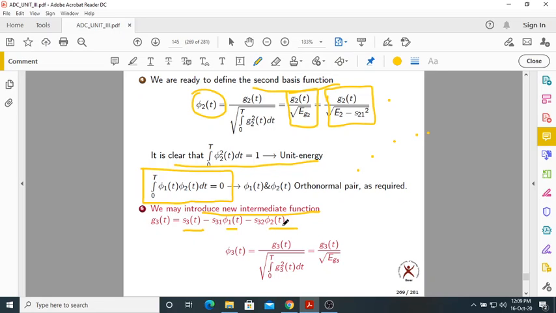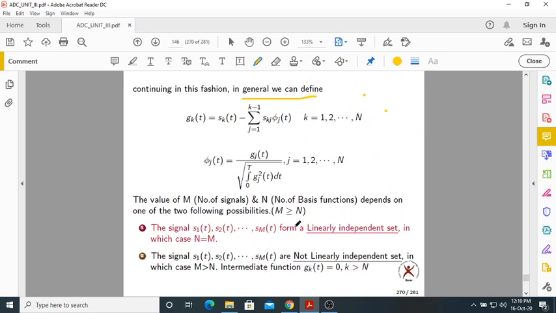S4 of t minus s41 phi1 of t minus s42 phi2 of t minus s43 phi3 of t. So on and so on. This is how we define it. So gk of t equals sk of t minus the summation over j equal to 1 to k minus 1 of skj phi j of t, k equal to 1 to n.